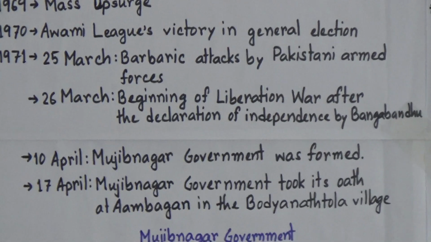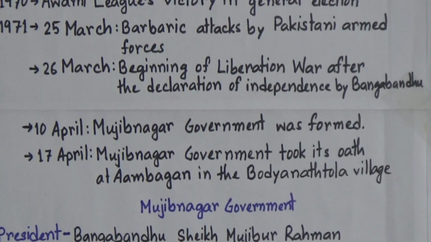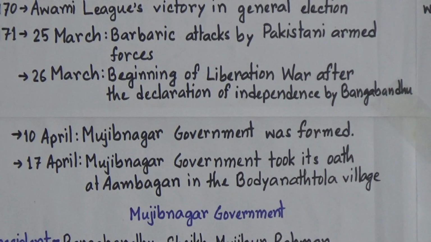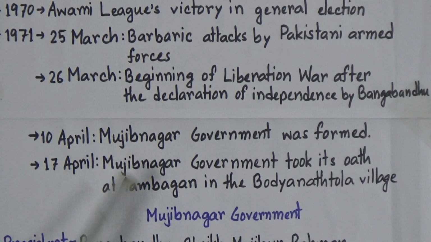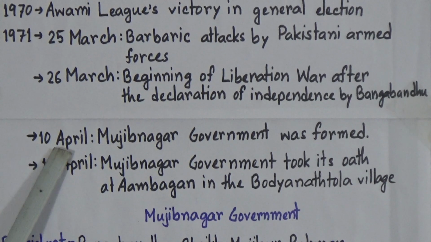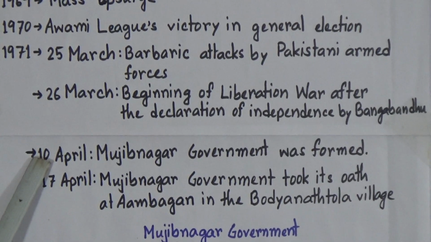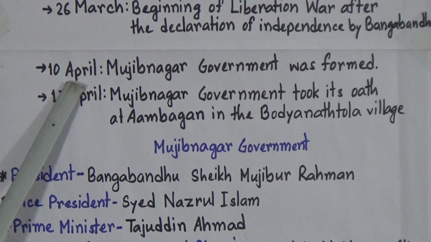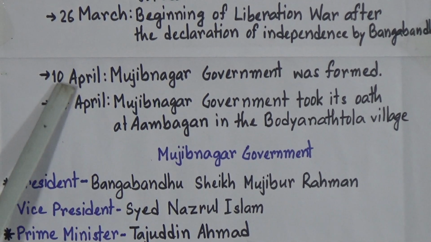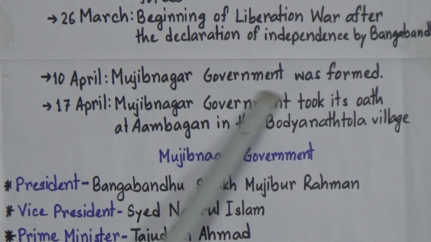And then what happened? We formed a government, and this is the first government, which is known as the Mujibnagar government. This government was formed on 10 April 1971. So on 10 April, the Mujibnagar government was formed.